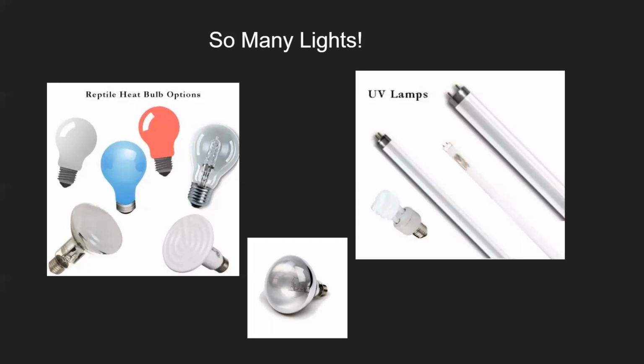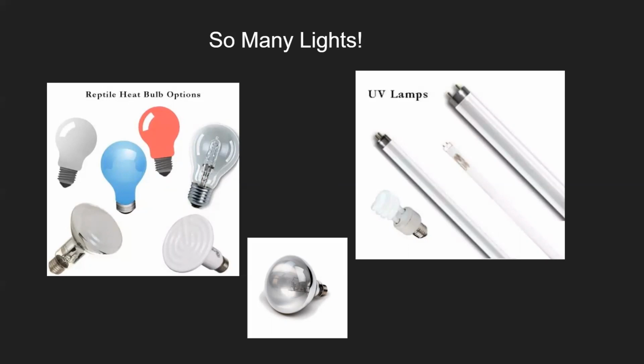Before I move on, I do want to point out that little red light bulb. A lot of people love using red light bulbs. And you'll see in one of the next coming slides that visible light for different types of animals is different. Some animals can see more than others. For some reason, we decided that red light animals like reptiles can't see.